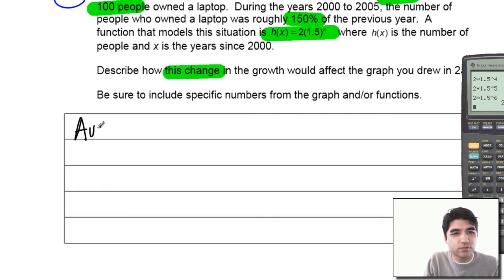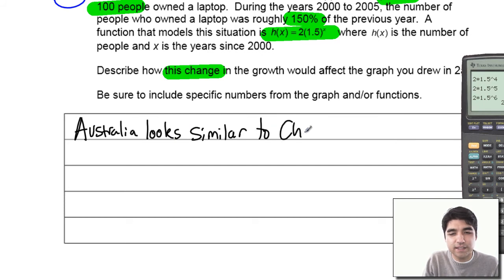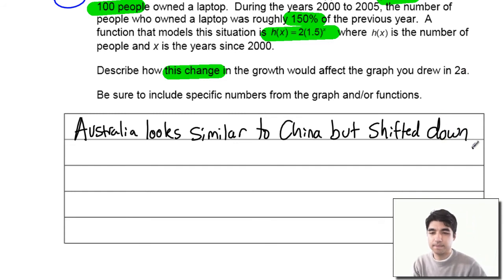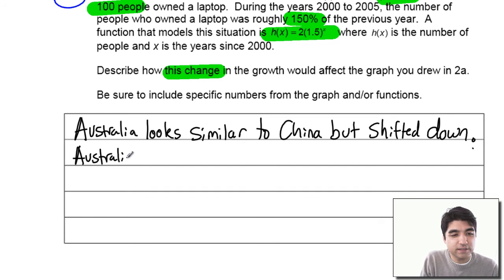So Australia looks similar to China, but shifted down. Australia starts at 2 instead of 4.